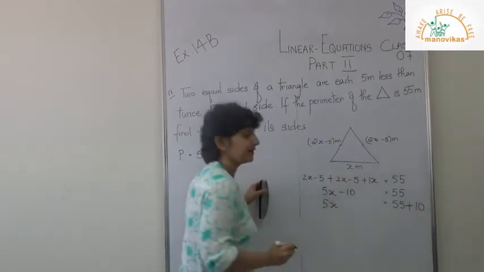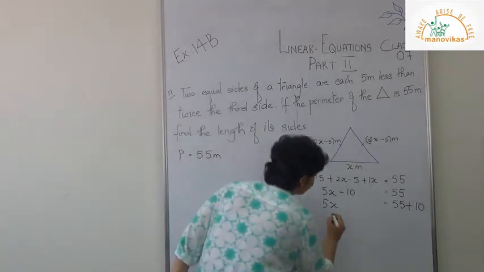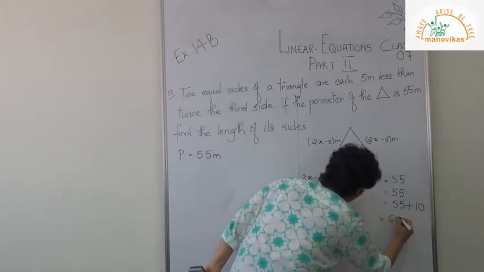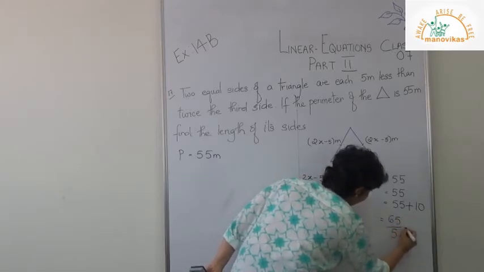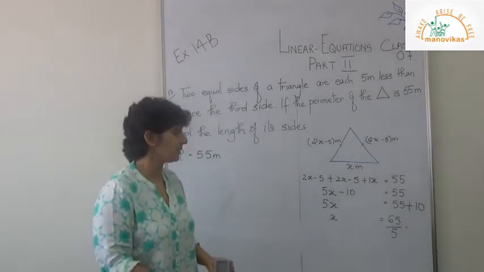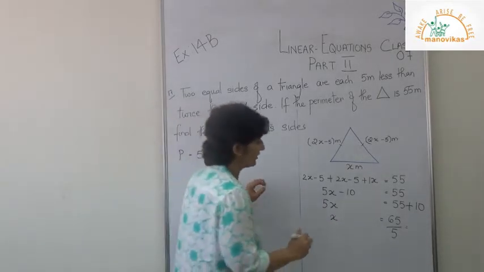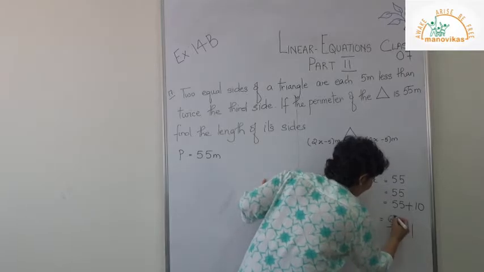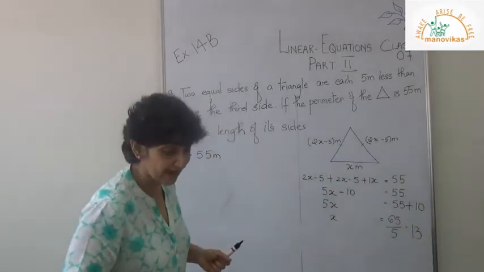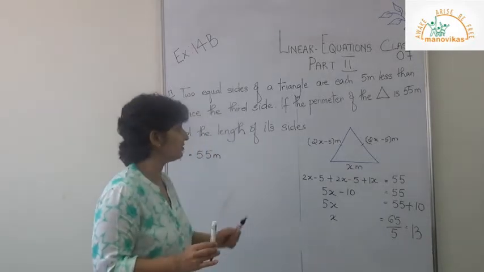When you bring this side, it becomes plus 10. So x is equal to 55 plus 10, 65 upon 5. Is it right? Into 5, when I bring that side, it will become divided by 5. So 5 ones are 5, 6, 5 threes are 15. So my x is equal to 13.